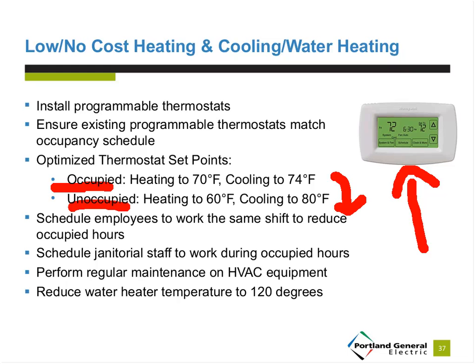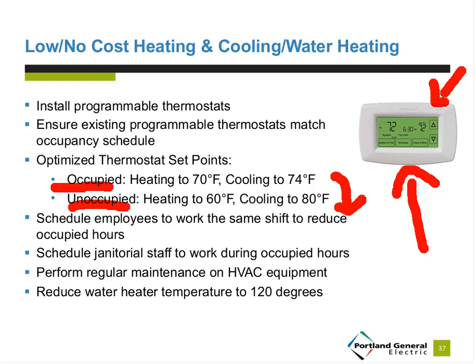Great way to save energy. These are not hard to install. You don't need to be a rocket scientist. They cost about $30 to $80 at Home Depot, and it's pretty easy to set up. I would recommend that as a solution to just getting a handle on the energy use for heating and cooling your space.